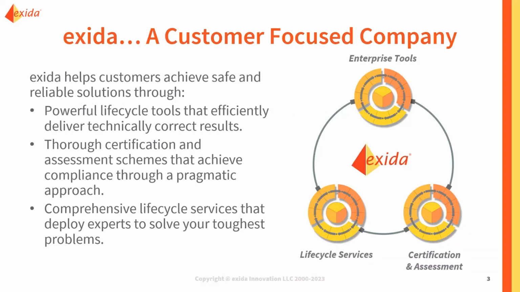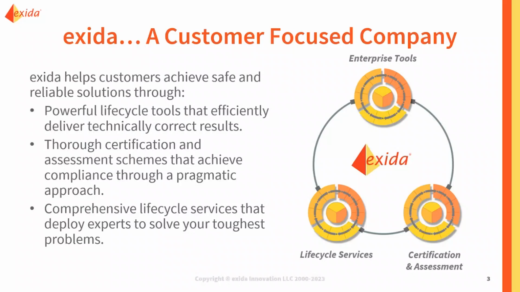A little overview on exida. We do have 3 main groups within exida. We have an engineering team that provides consulting services for functional safety, alarm rationalization, and cybersecurity. We also have a development team that creates software to help with those same tasks. We do develop the software in-house.